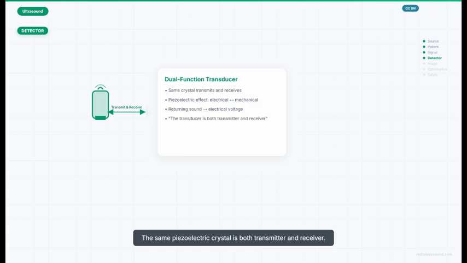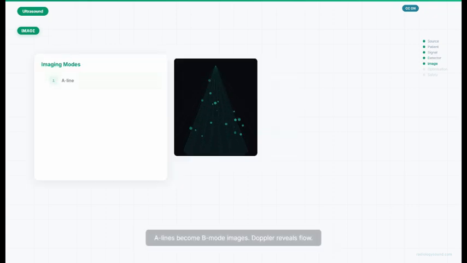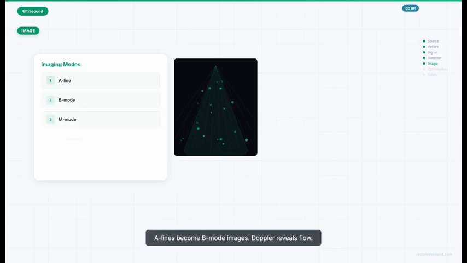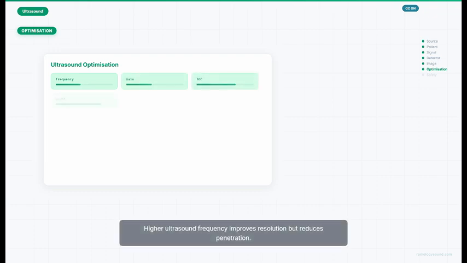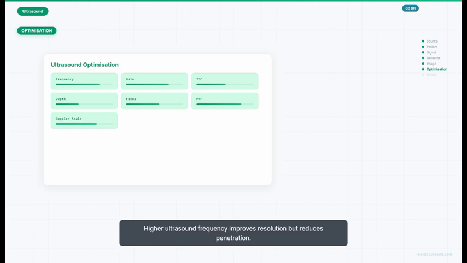There are many different types of image. We can have A-line, B-mode, which is the most common, power Doppler, color Doppler, and others. So it is very important to understand image formation. All right, is optimization important in ultrasound? Definitely, yes. You will have to know how to optimize frequency, gain, TGC, depth, focus, PRF, and others.